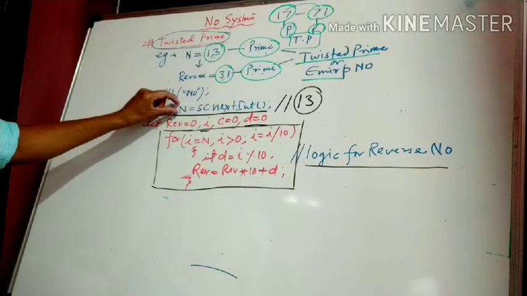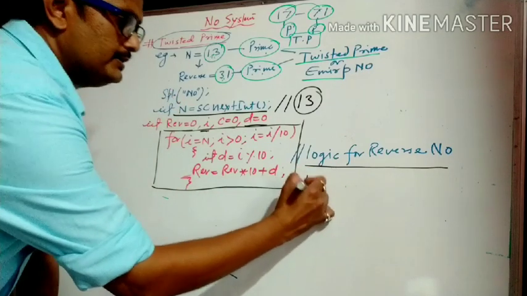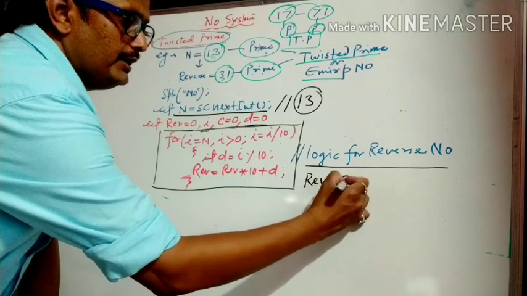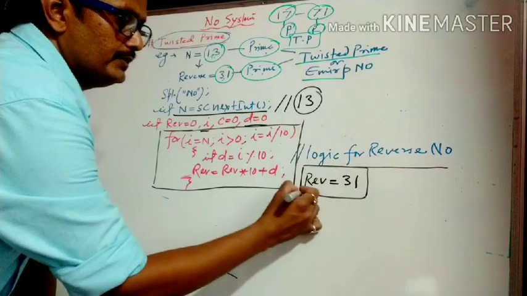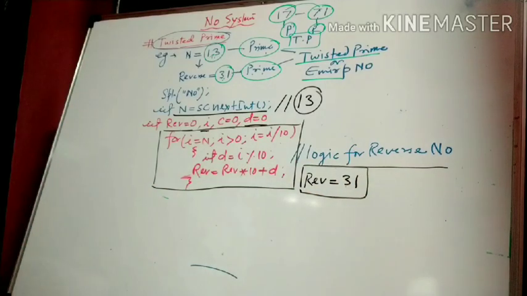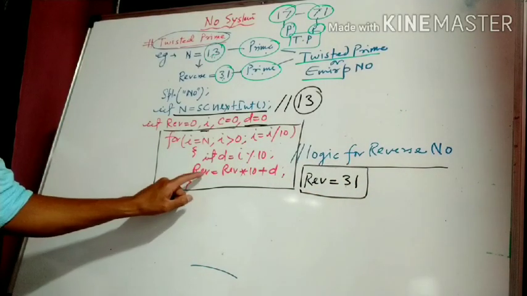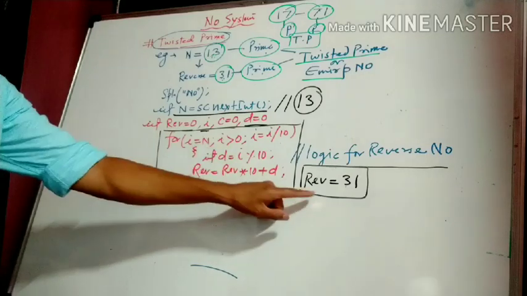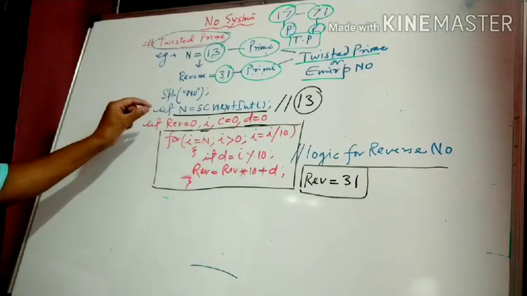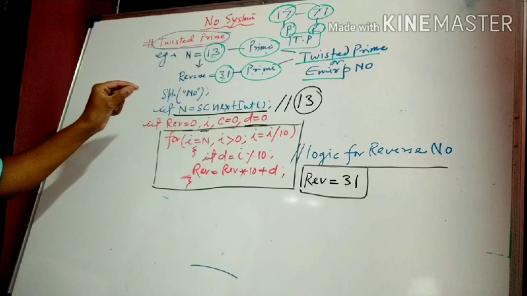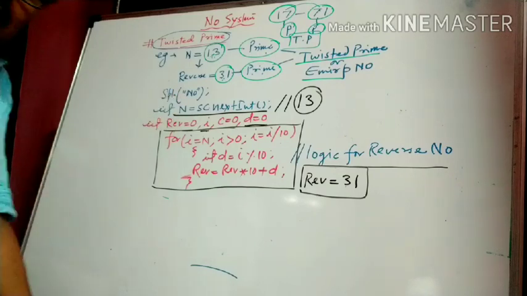So the original number is 13, and when you print rev, it will be 31. We will not print it here, I am just explaining that the final value of reverse will be 31. Now check whether the original number is prime or not. How to check?